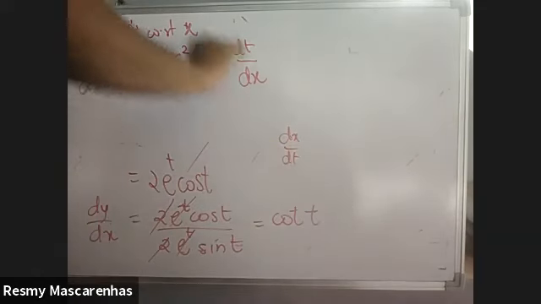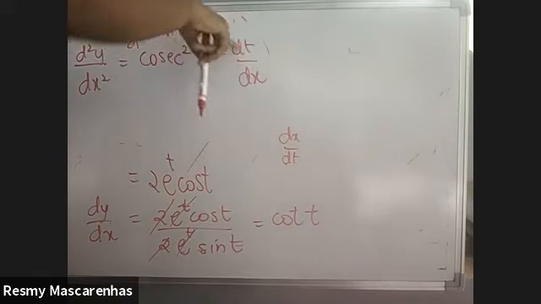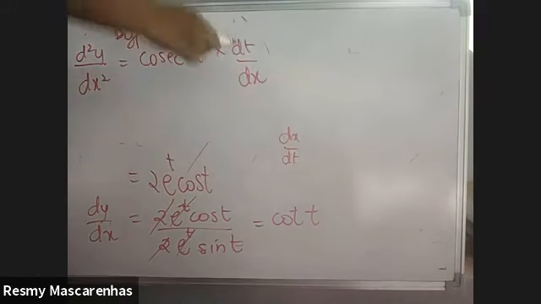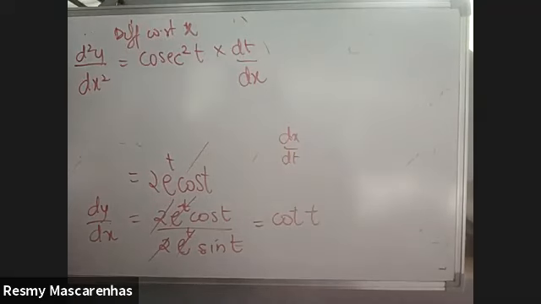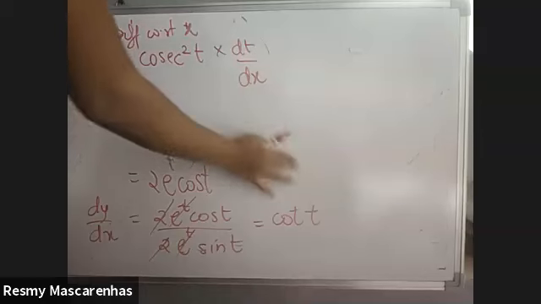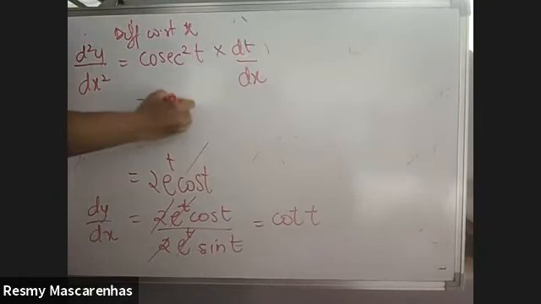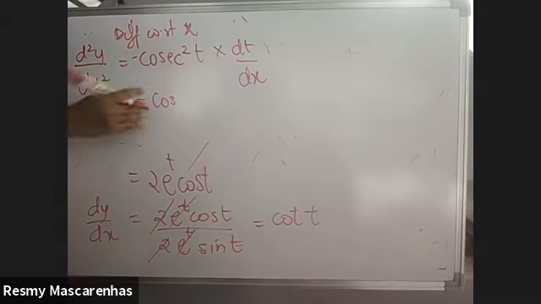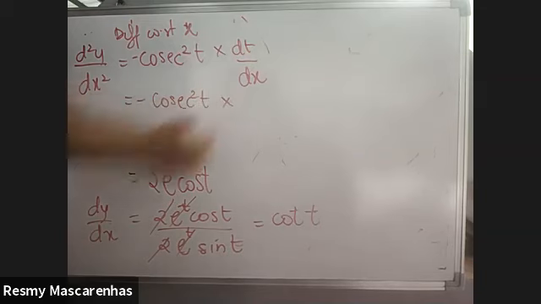So you know that you have to get the reverse of this. Looking at the first equation, just reverse it and write. Even if you forget that, you can directly reverse it and substitute. Minus is there, no? So this will be minus cosec square t into dt upon dx.